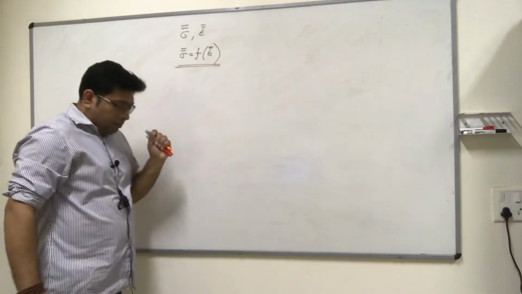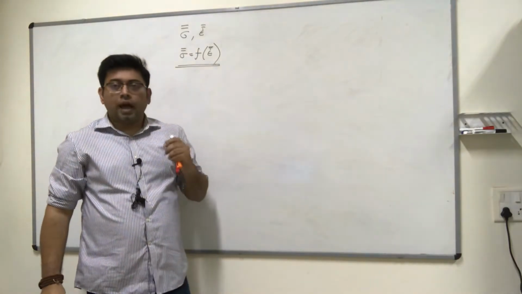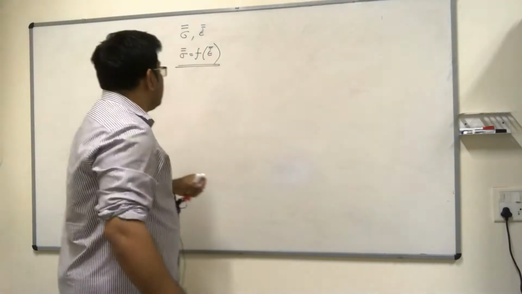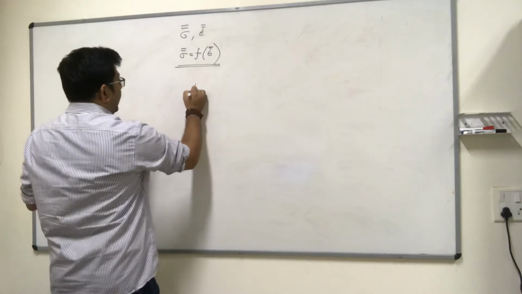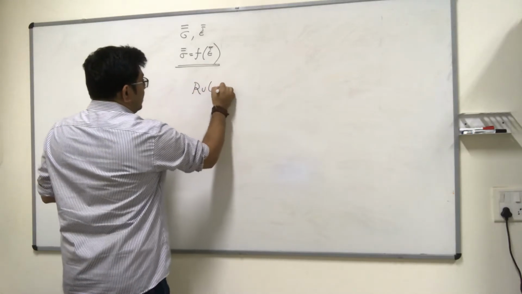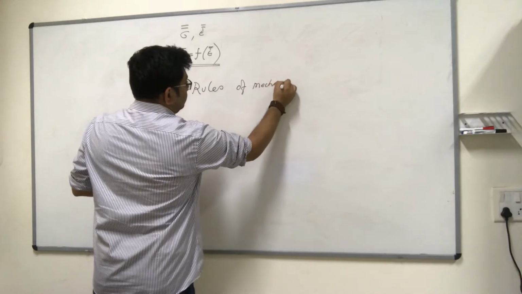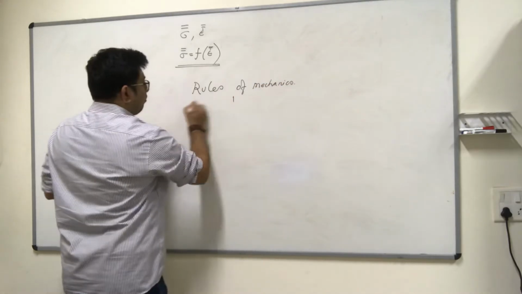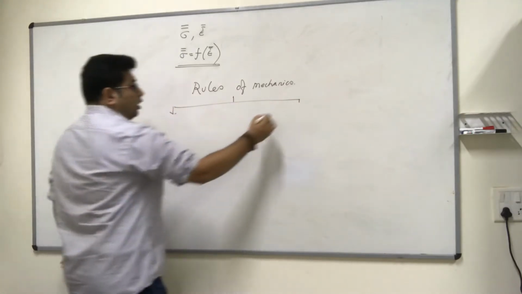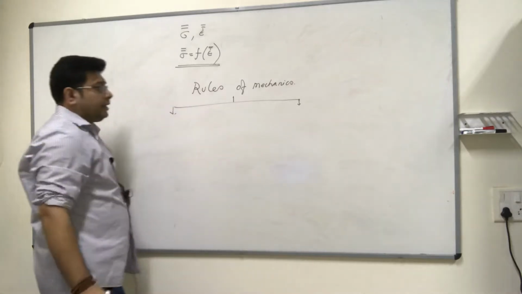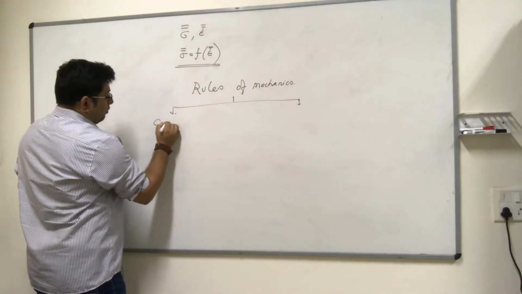But here there is an important difference that is sometimes not highlighted enough, regarding how we view mechanics. In mechanics we have a lot of rules, and if I had to divide them into two categories, one would be the set of conservation laws.